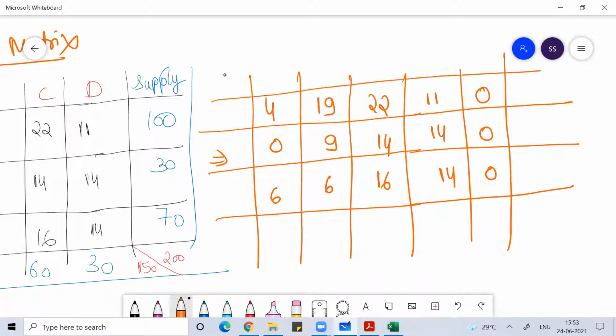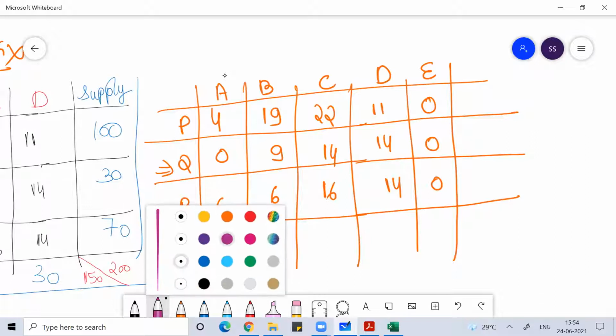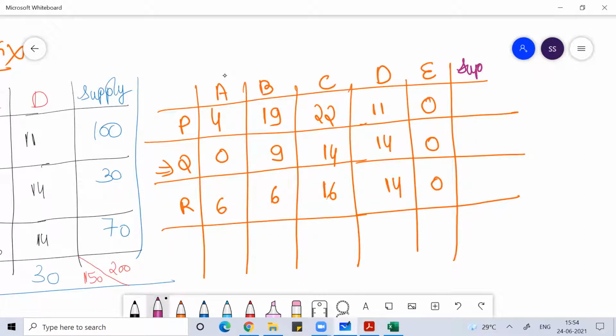You can see this is A, this is B, this is C, this is D, and this is E, the new dummy column which I added, and these are P, Q, R. The supply is 100, 30, 70, so this would be 200.